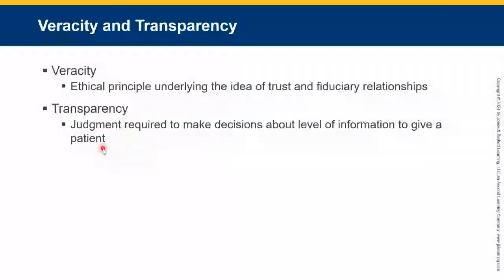Okay, so transparency is the judgment required to make decisions about the level of information to give to a patient. So how much information do we want to give to a patient?